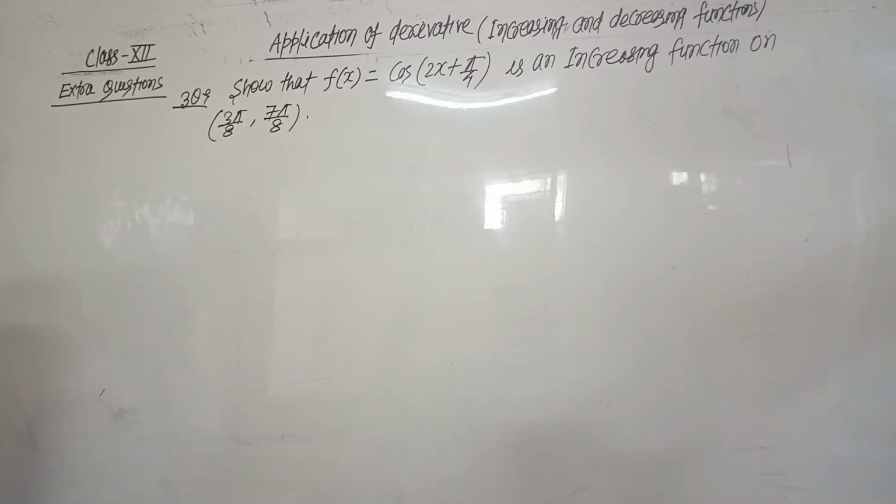We have to show that cos(2x plus pi by 4) is an increasing function in the interval 3 pi by 8 to 7 pi by 8.